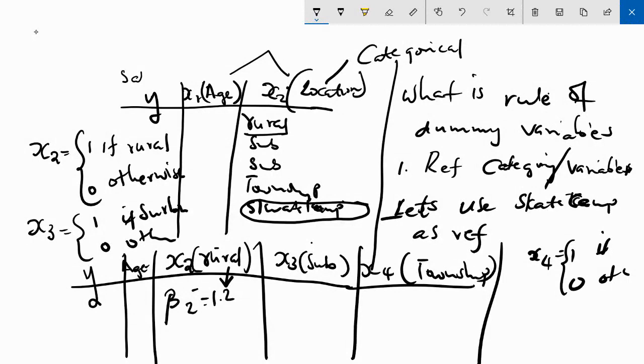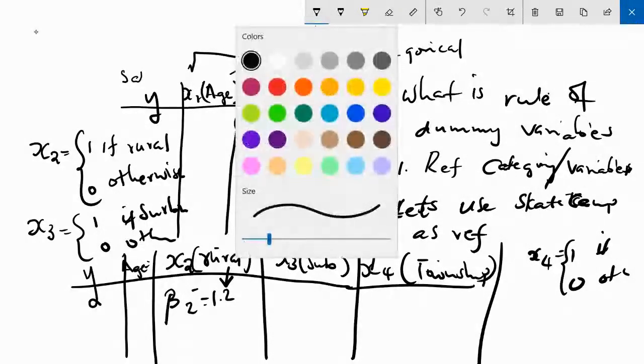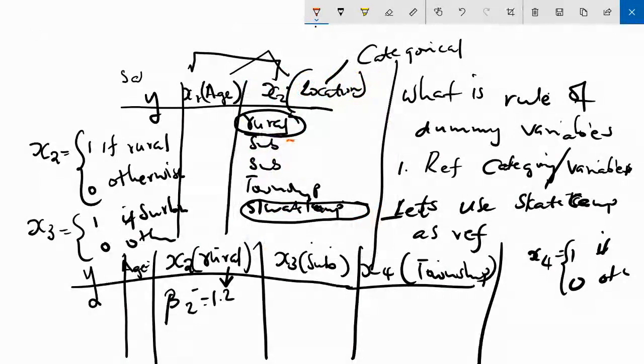Remember, you cannot say holding constant the effect of age, suburb, township. No. Whenever you interpret, you come back to these two. Now you want to interpret rural, but these other options are part of location.